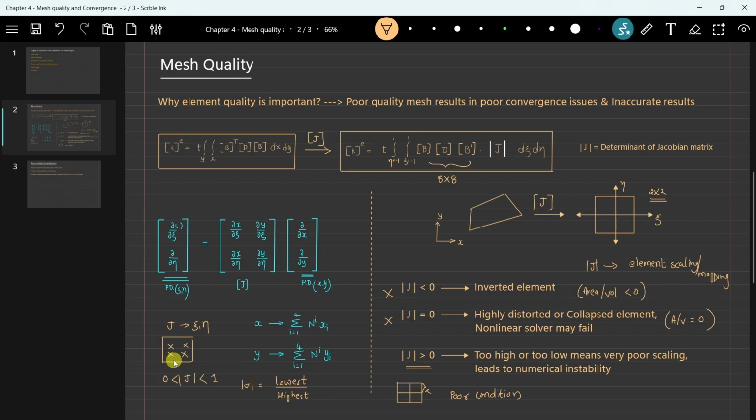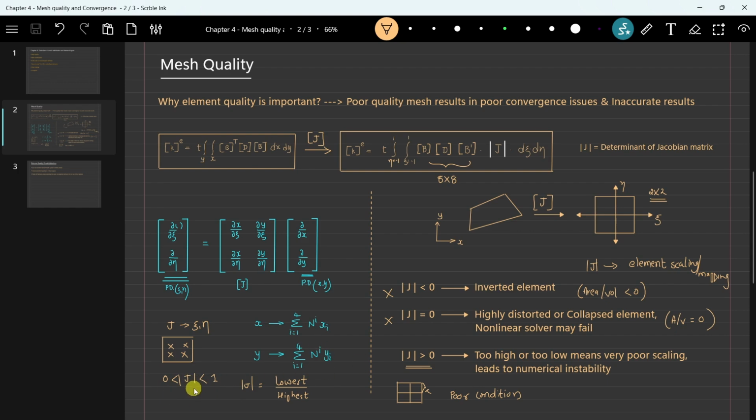If it is a first order hexahedral element, then it is eight integration points. So basically Jacobian is the ratio of lowest to highest Jacobian value within that element, and that's why we get the range as 0 to 1.